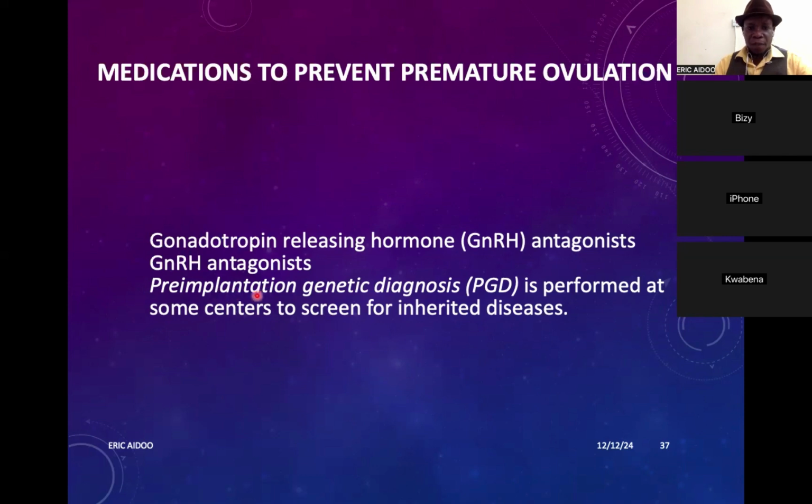You can also do pre-implantation genetic diagnosis to see whether the genetic makeup of whichever component you want to use is clean, in quotes. So you screen, okay, for diseases. And in some labs, they can do that.